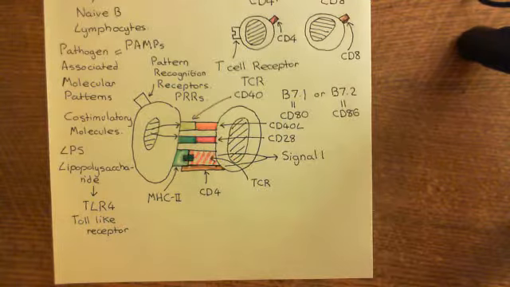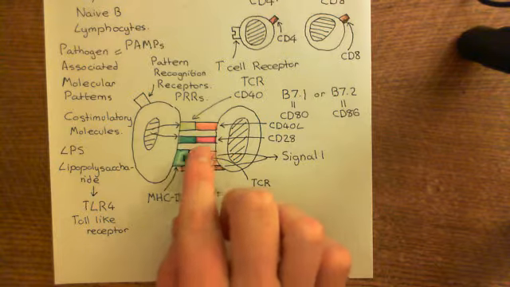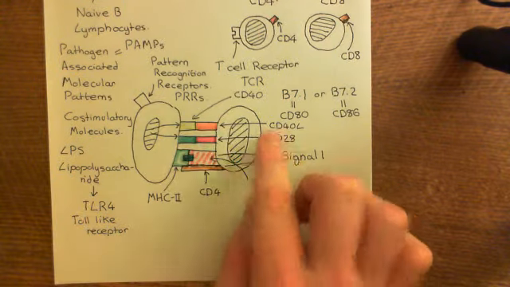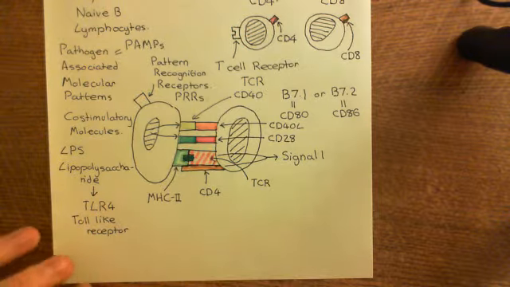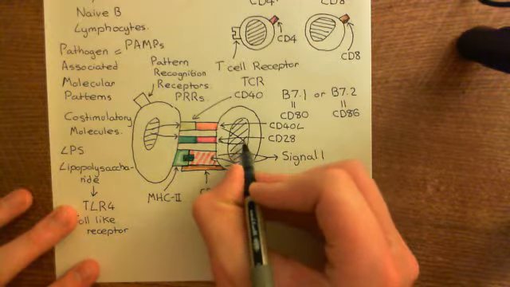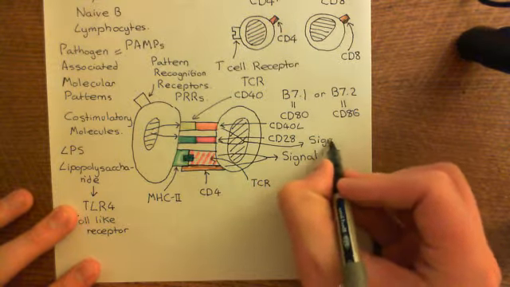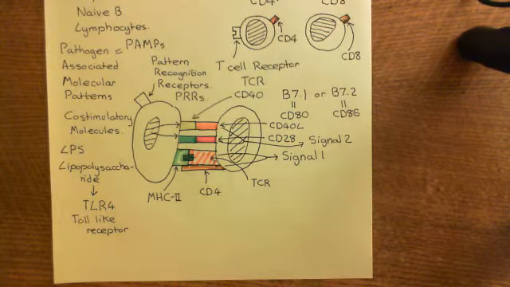Okay, now when the co-stimulatory molecules CD40 and either B7.1 or B7.2 bind to their receptors on the surface of the T lymphocyte, which are CD40 ligand in the case of CD40 and CD28 in the case of B7.1 or B7.2, that is going to deliver what is known as signal 2 to the T lymphocyte. Okay, so you're now going to get signal 2. And signal 1 and signal 2 delivered together are then going to cause a response that is going to lead to the activation of this T lymphocyte. And we'll continue this discussion in the next video.